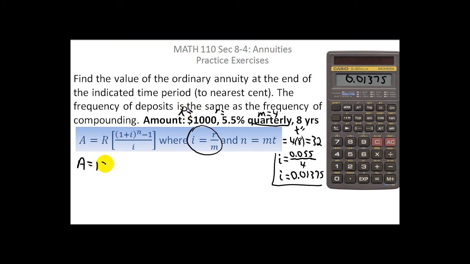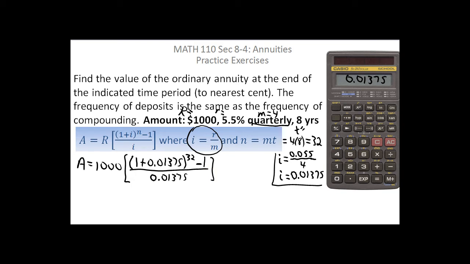So that's the periodic payment times the quantity 1 plus little I, which we've already calculated to be 0.01375. That's raised to the power of N, which we calculated to be 32, and then 1 is subtracted from that quantity, and then the entire thing is divided by little I, which is 0.01375.